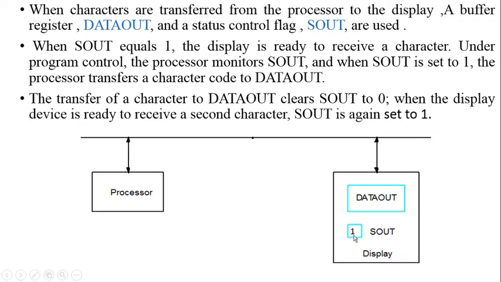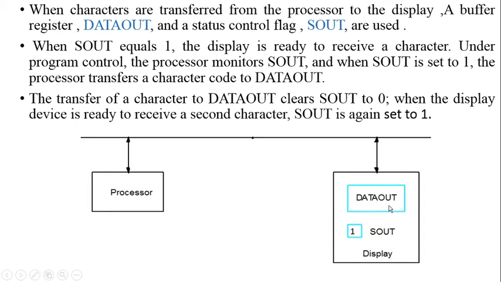Whenever the value of SOUT becomes 1, what is the meaning? Now this display device is ready to receive a new character from the processing unit in order to display that value, so the processor transfers a new character to this data out register. After completing this data transfer, SOUT is automatically cleared to 0.